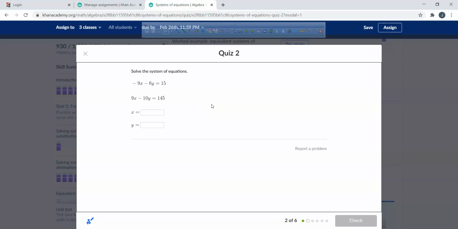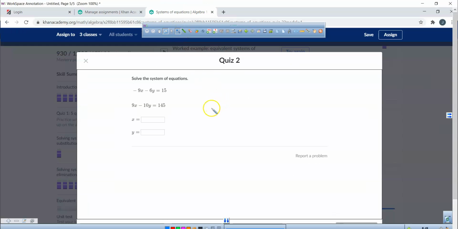Okay, this one says, solve the systems of equations. Right now, I'm going to carefully write it down in two different colors. Negative 9x minus 6y equals 15. That's supposed to be a 15. I'll change colors over here, make it green.